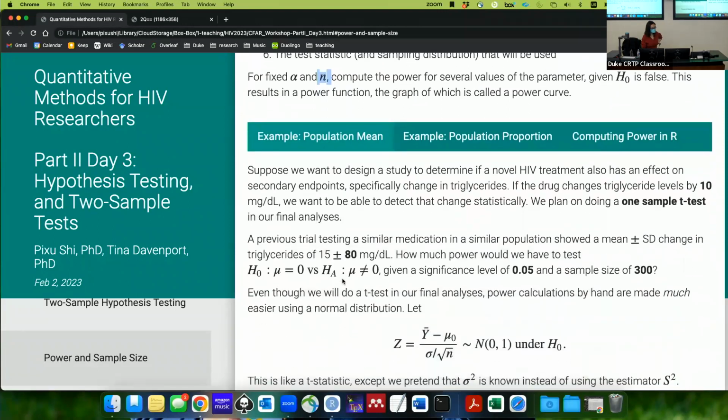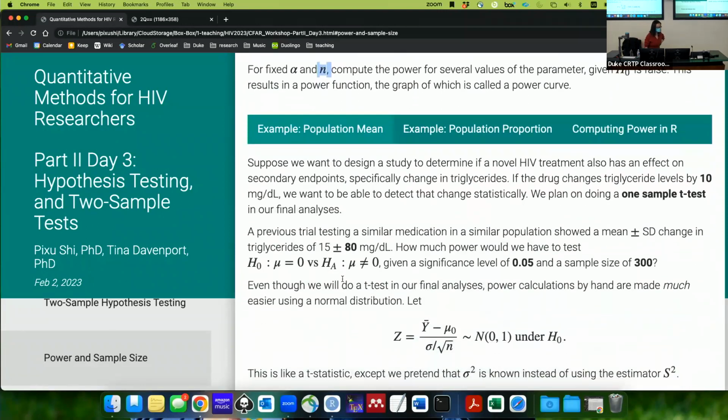Here, let's use the population mean as an example. Suppose we're trying to design a study to determine if HIV treatment also has an effect on a secondary endpoint. So instead of LDL, we're also looking at triglycerides.